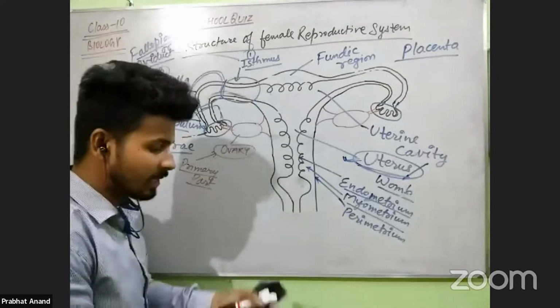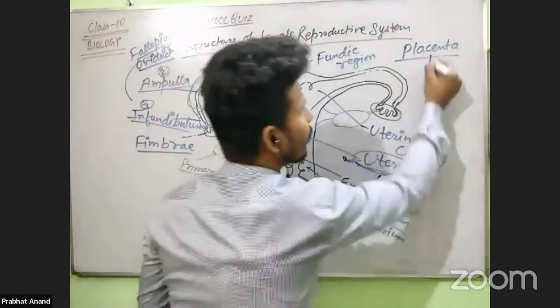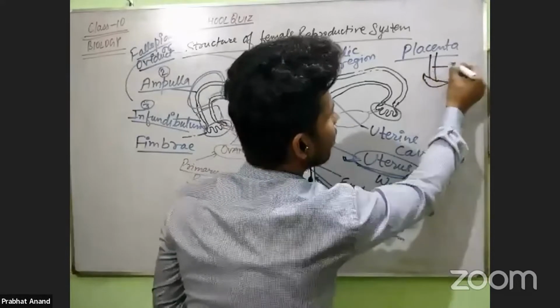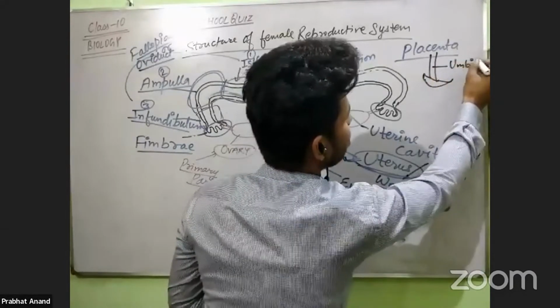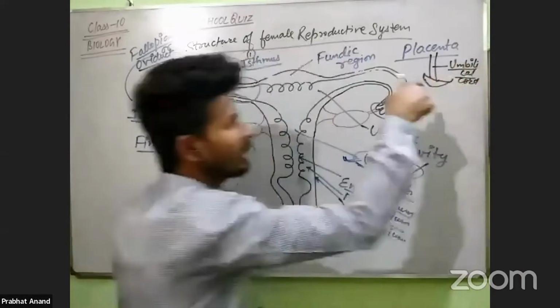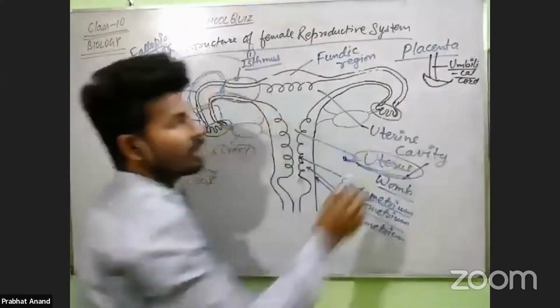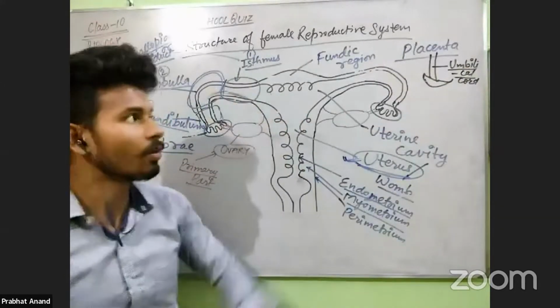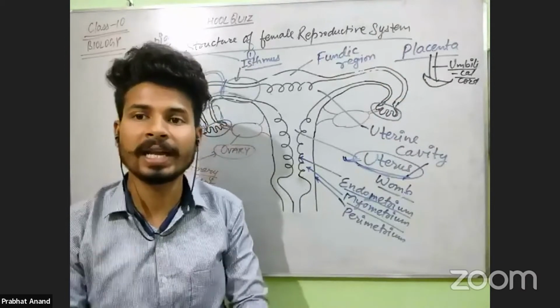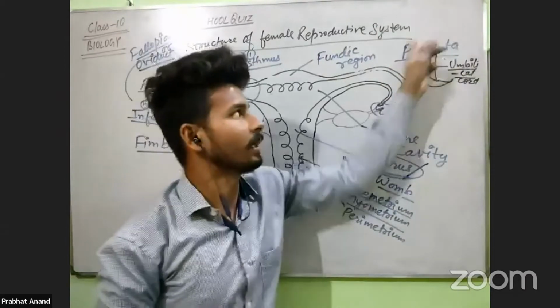And the joining of the placenta with the fetus is called the umbilical cord. But the common point from where the mother and the fetus or embryo are connected is called the placenta.